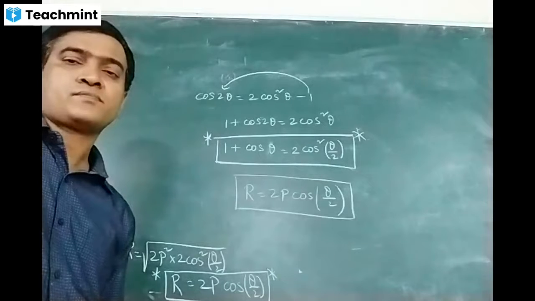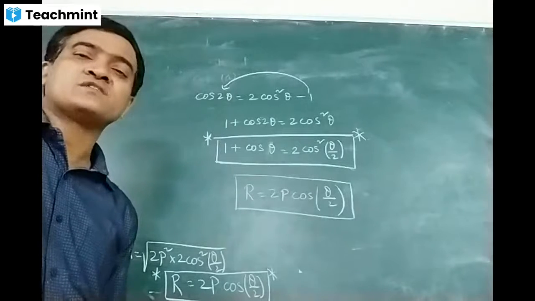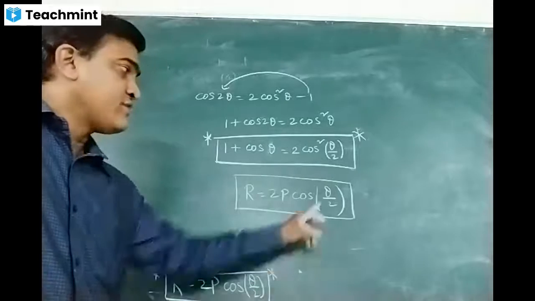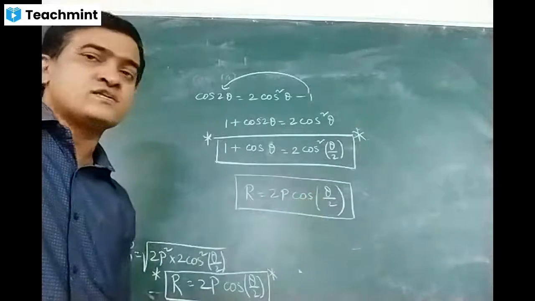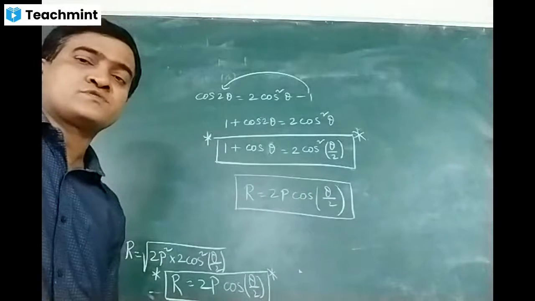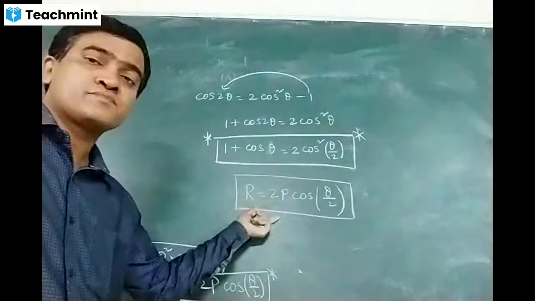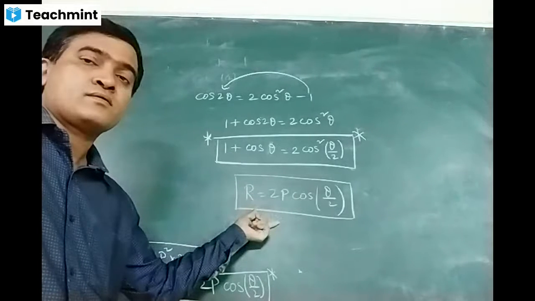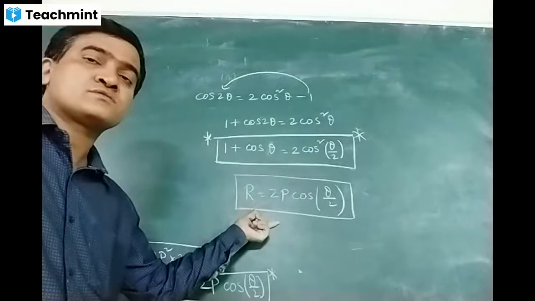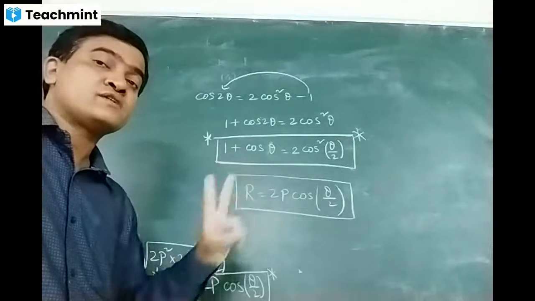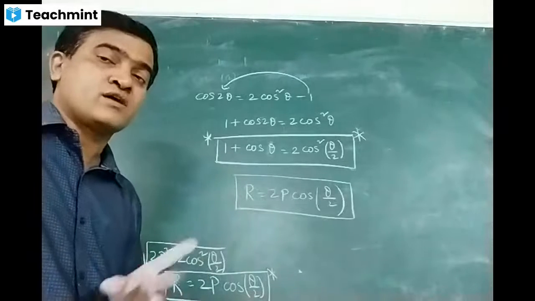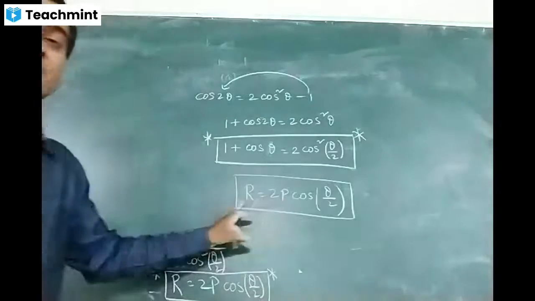When can you write this formula? When the magnitudes of the two vectors are equal or same, then only this formula is valid.